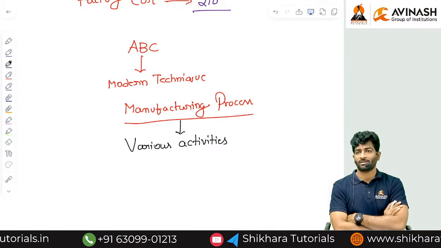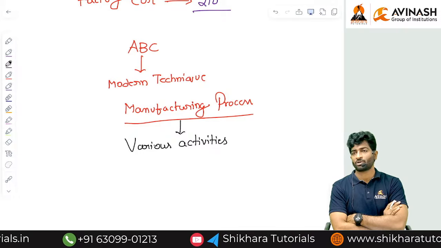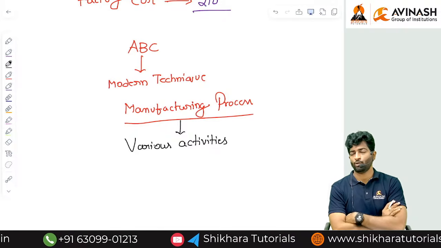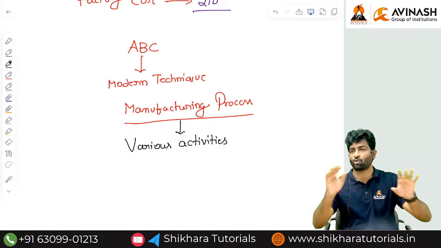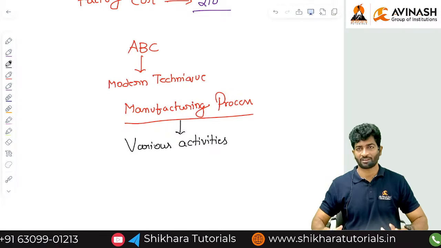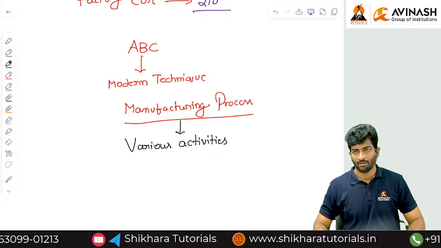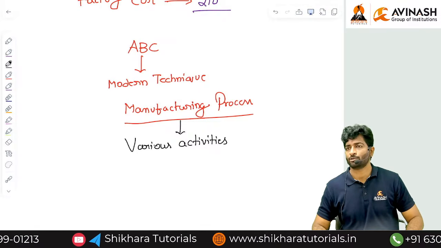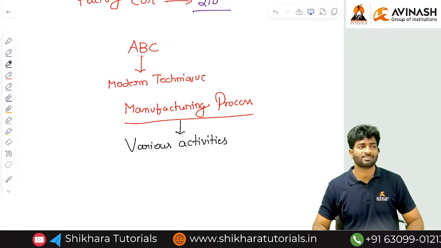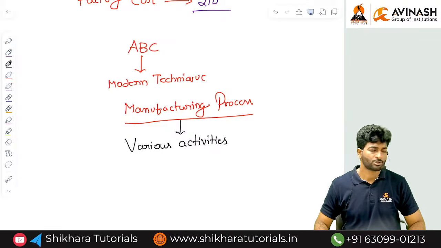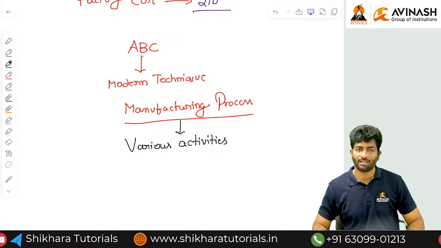Manufacturing is a broader term. For completion of that manufacturing activity, you have various small activities. All these put together, you are completing your manufacturing, right? In order to consume the material, you are raising requisitions, right? It is an activity.